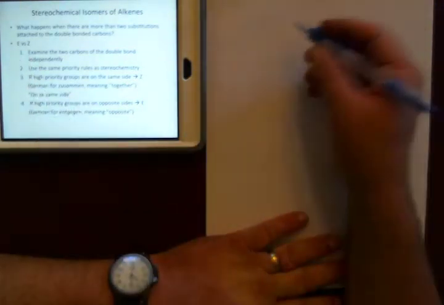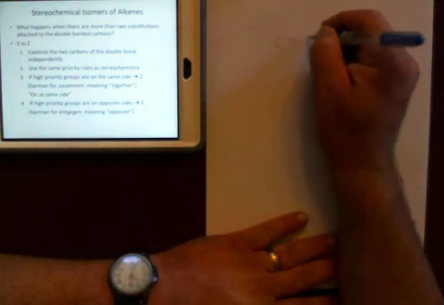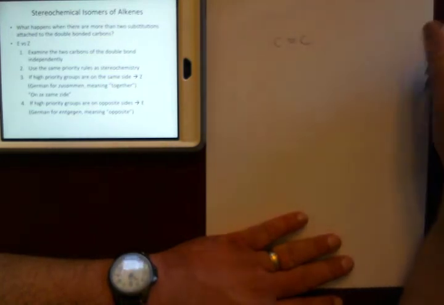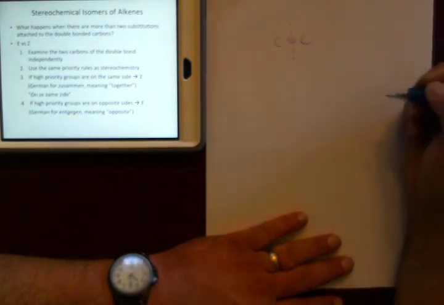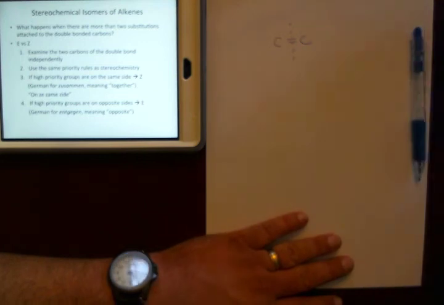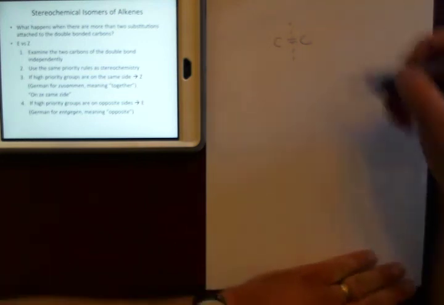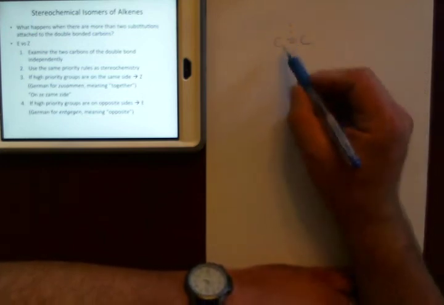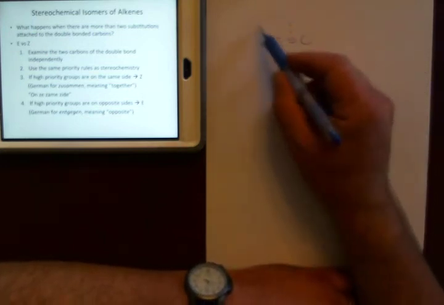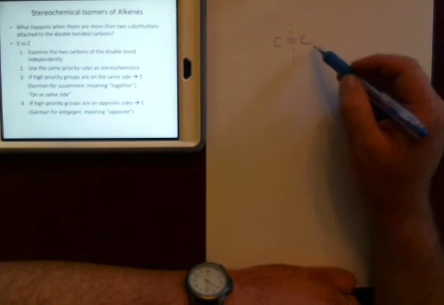So what you do is you take a double bond and you slice it down like that, so you're checking out what's hanging off of this carbon of the double bond and this carbon of the double bond.